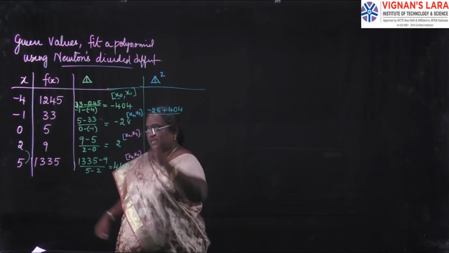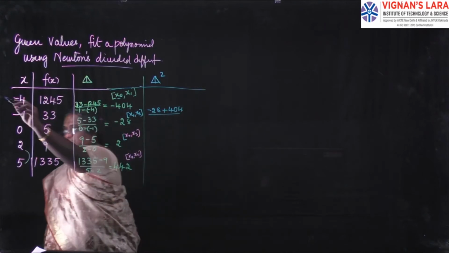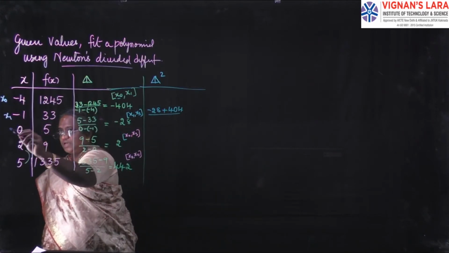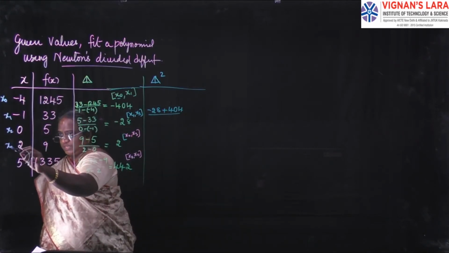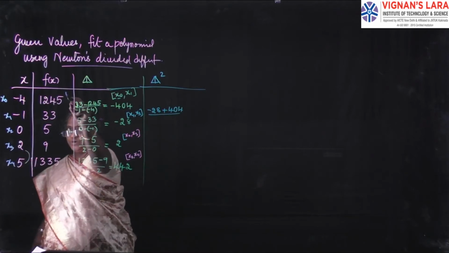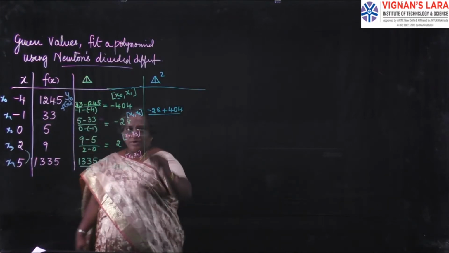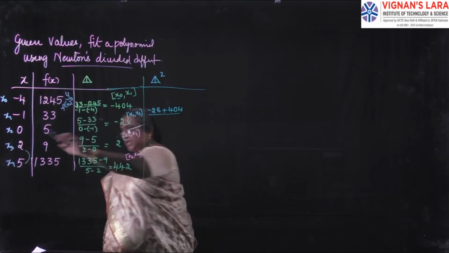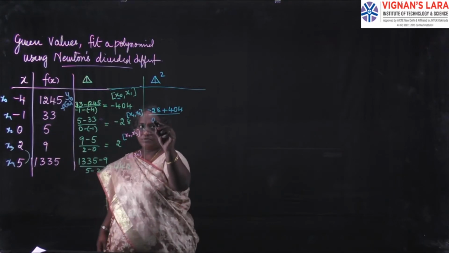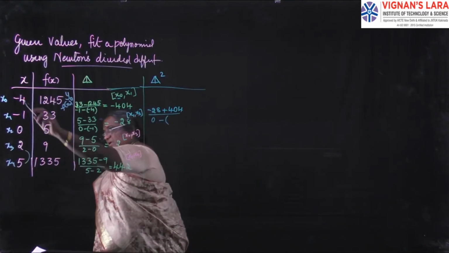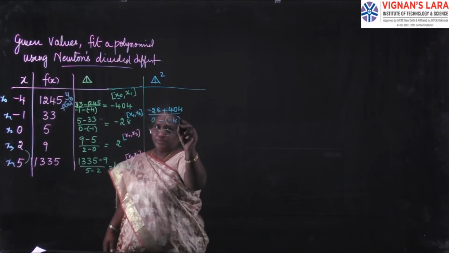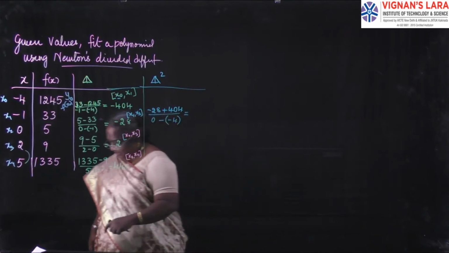If you note it down, this is x0, x1, x2, x3, x4, and correspondingly y0 or f of x0. So x2 is 0, and 0 minus x0 is -4. That comes to be 94.